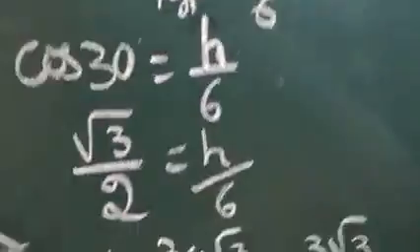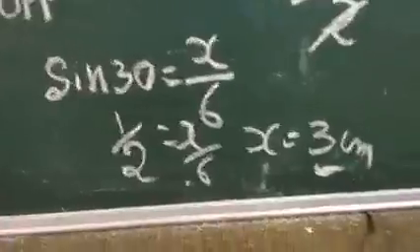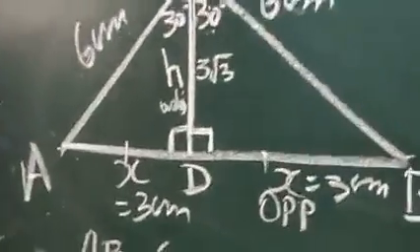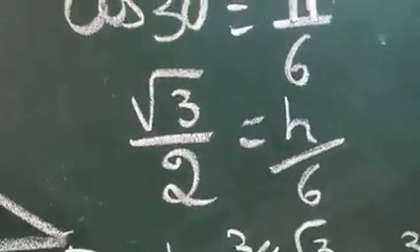By using cos theta and sin theta, we found the base and height of the triangle. Very important step. Sin 30 is 1 by 2, cos 30 value is root 3 by 2.